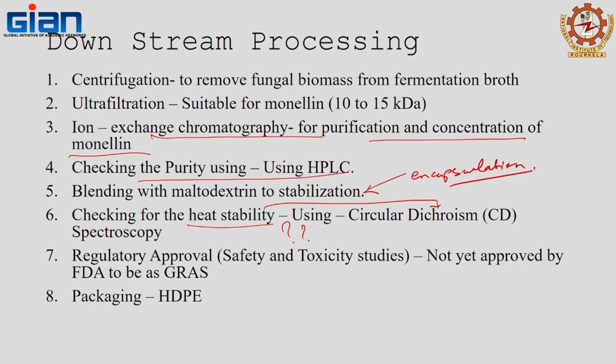As we know, high temperature and sweet products are very few, like the combination, whenever we consider any food products, except some dairy products, because the sugar itself gives the structure to the product, so there is no way of substituting this monellin for the sugar, because in that product the sugar itself gives the structure. So in the case of, for example, gulab jamun and other products, we can't use it because it will affect the entire quality of the products.